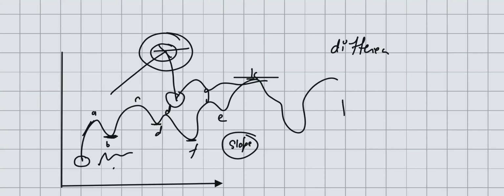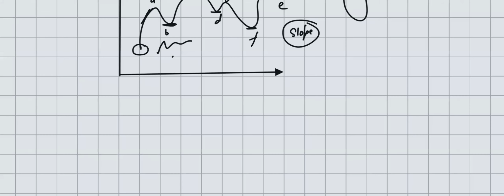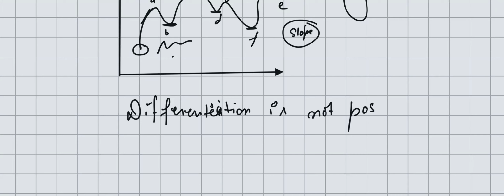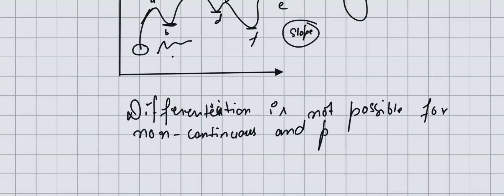So basically, differentiation is not possible for non-continuous curves and pointed vertices.